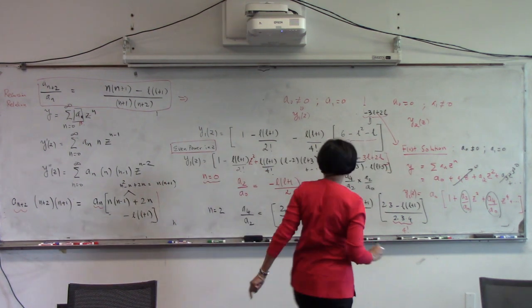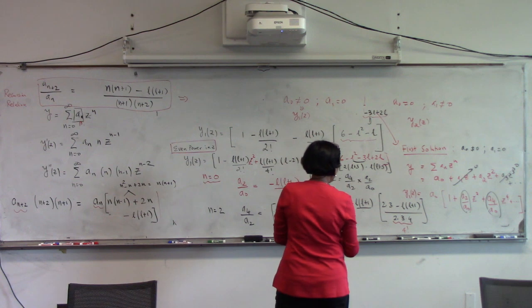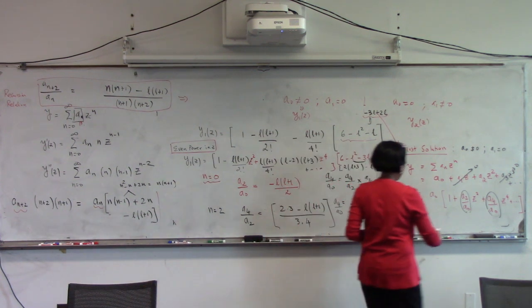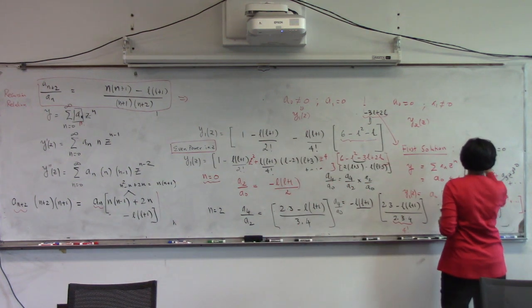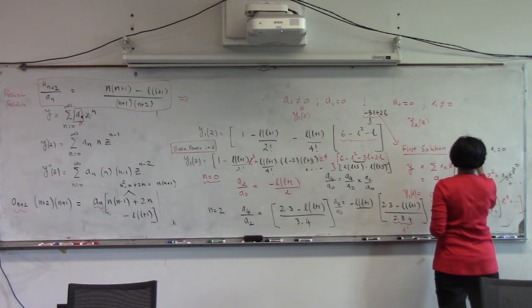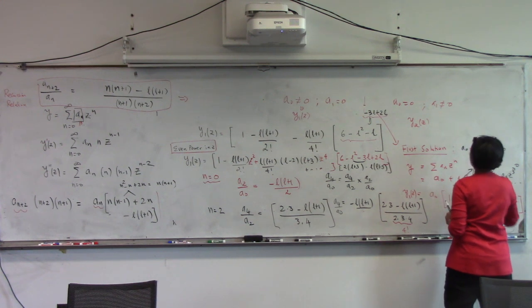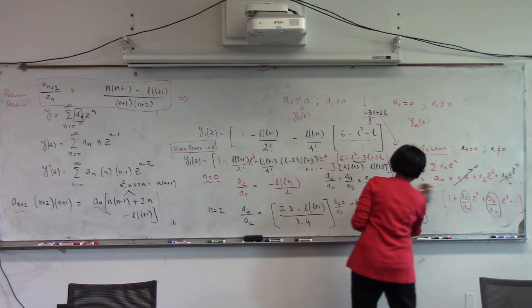Okay, for the second solution you can follow the same recipe, except now we are going to put a naught equal to 0 and a1 not equal to 0. So that will give me my second solution.